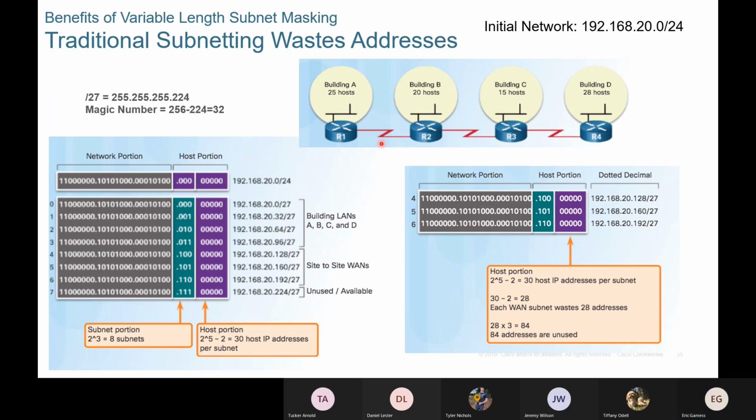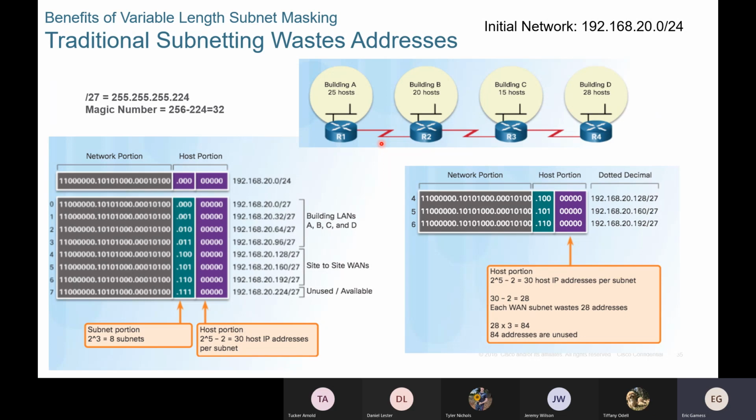No. What can we create? A number that is bigger than 7 and is a power of 2. 8. We can create 8. So we will be using 7 out of the 8, and 1 will be a spare network. Okay? So we need to create 8 subnetworks.